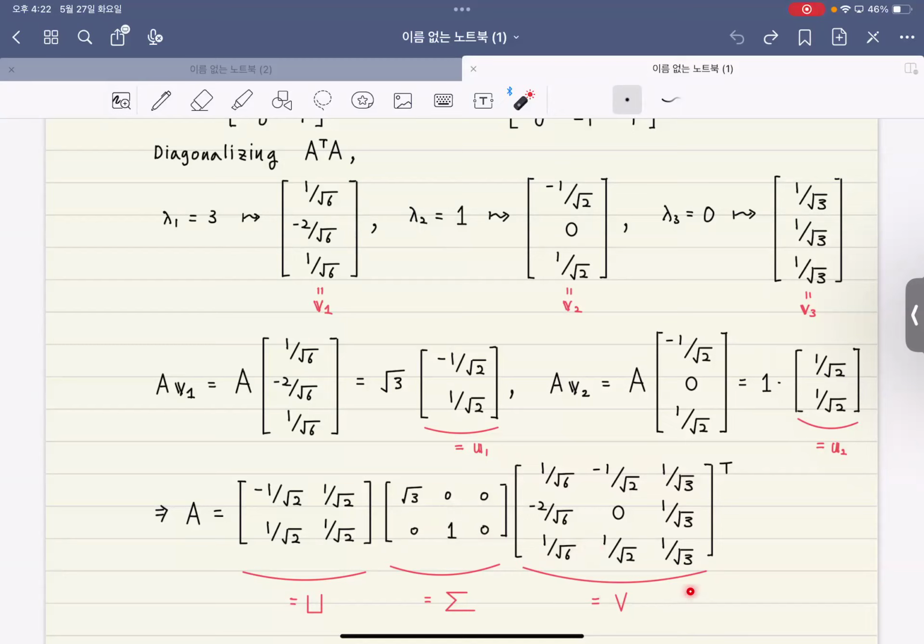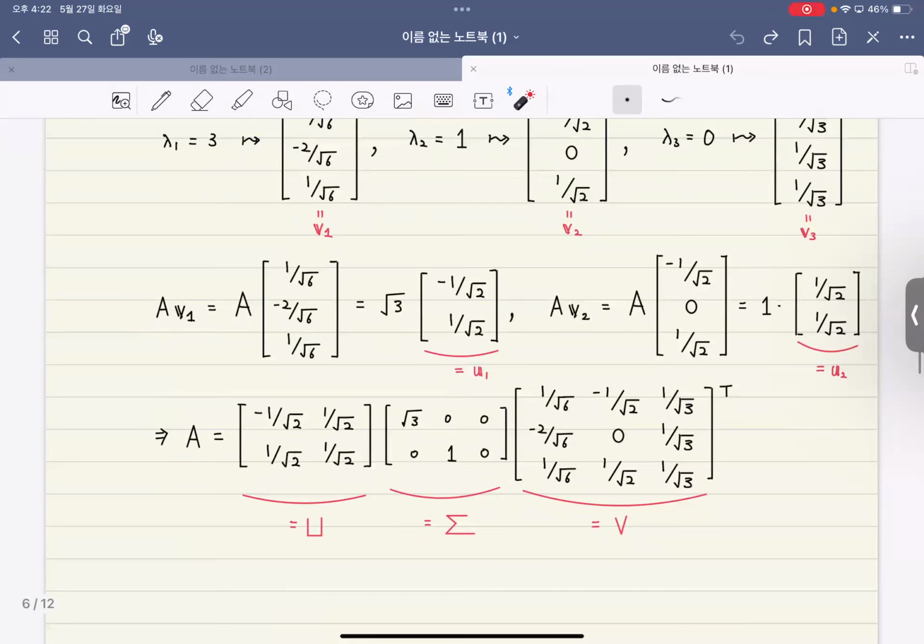For this matrix V, the first entry is this vector, the second entry is that vector, and the final entry is that vector. And of course, you need to transpose this. If you take the transpose of this final matrix and multiply them together, you can easily convince yourself that the entire matrix is just your original matrix A. Okay. So this is the singular value decomposition.